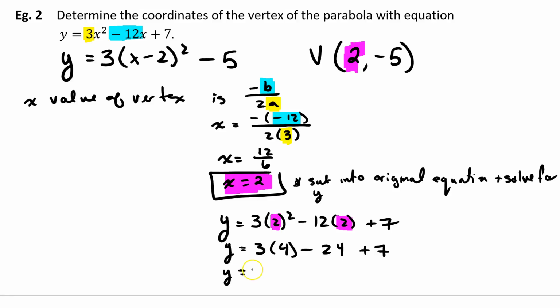Y equals 12 minus 24 plus 7, which indeed is negative 5, which I'm going to color in green, just like that. So yes, I can restate after this that my vertex is 2, negative 5.